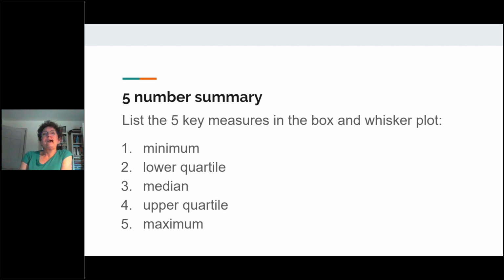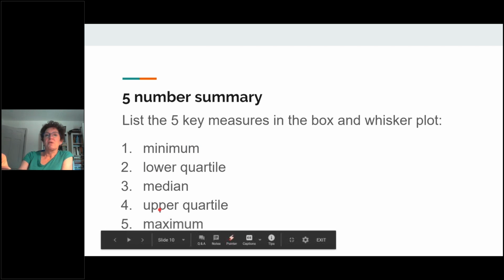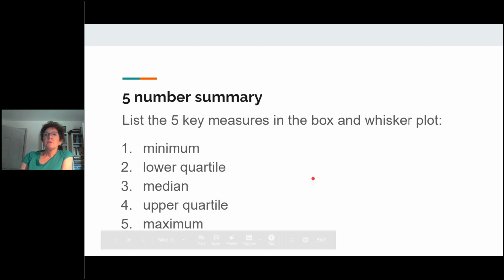And those 5 key measures in the box and whisker plot that we talked about, that's what is being asked for in a 5-number summary. We're asked for the minimum, lower quartile, median, upper quartile, and the maximum. That is the 5-number summary.